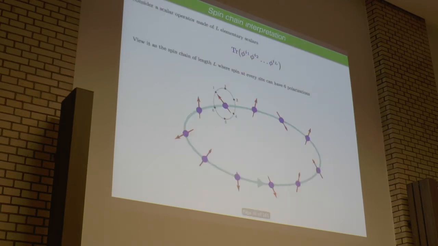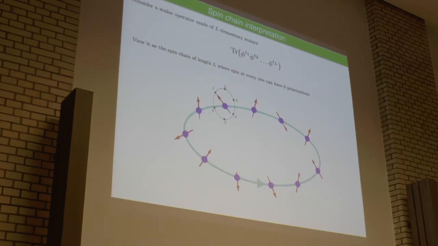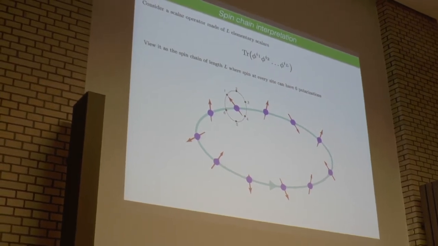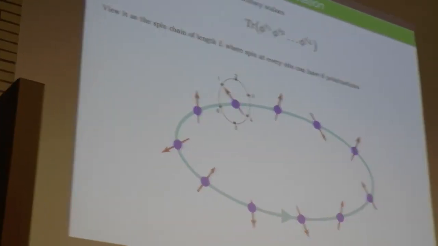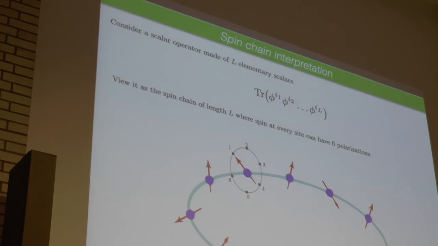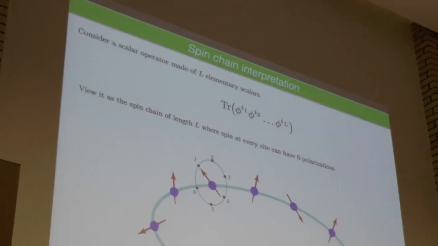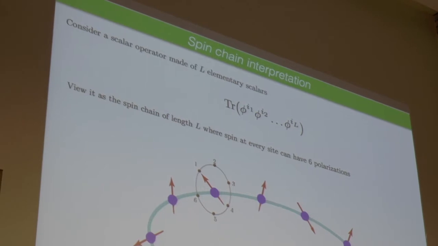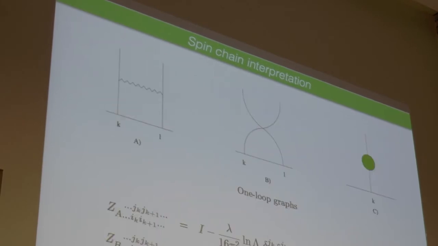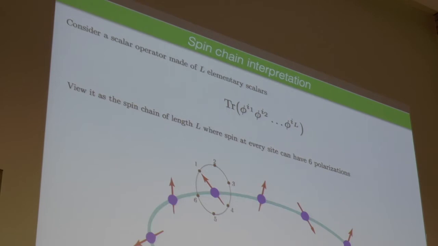Okay, so now let's come to the interpretation of such composite operators in terms of spin chains. Question: is there any reason why I don't have multiple traces? Would that still not be a local gauge operator? No, they will be. Why not? You can have multiple traces, absolutely. Here I have just one trace, so it's a single trace operator. Gauge invariant operators, of course, if I have one, I can take products of them and so on.